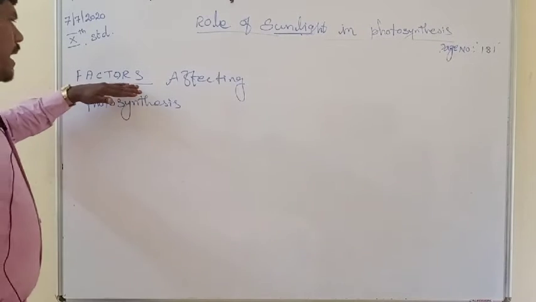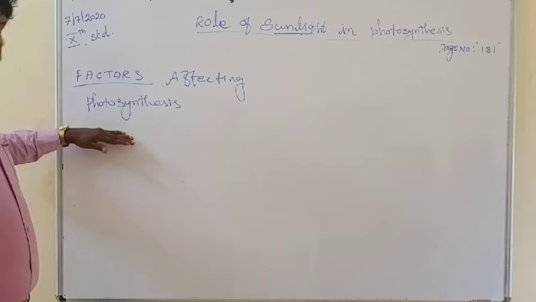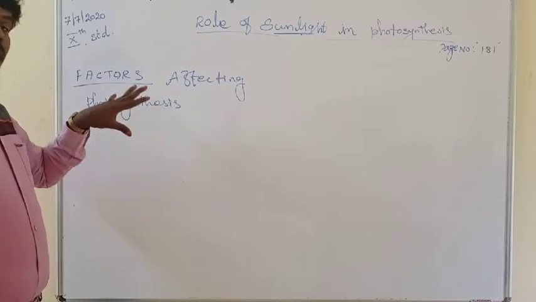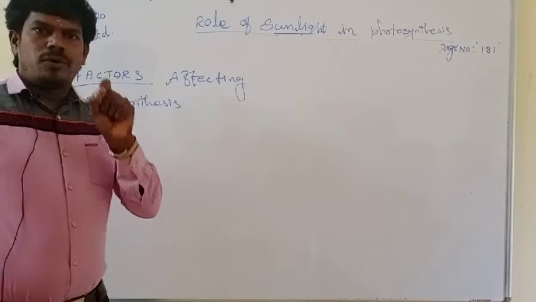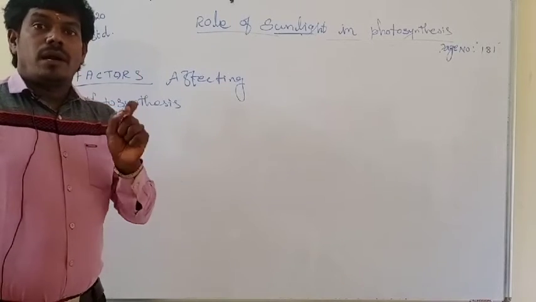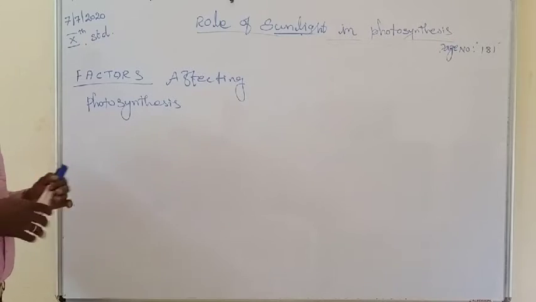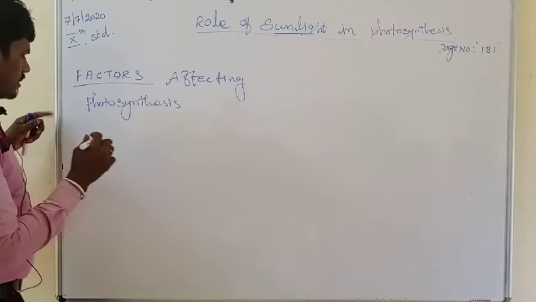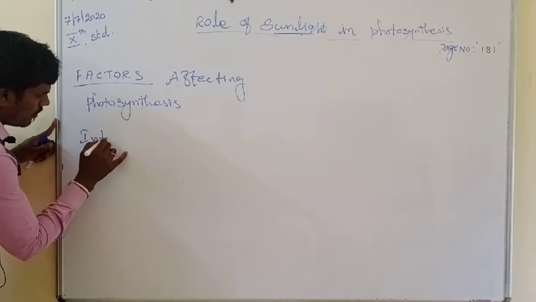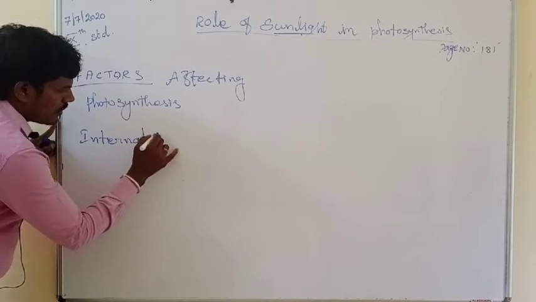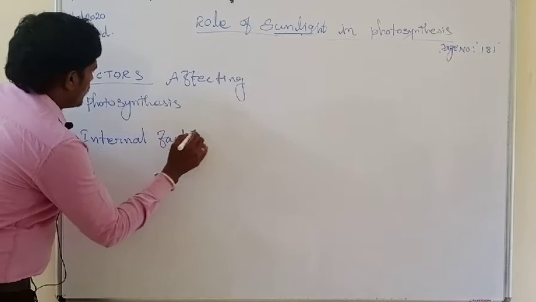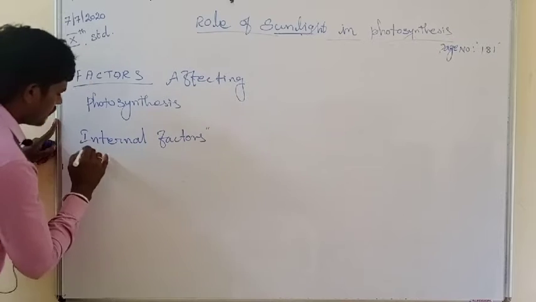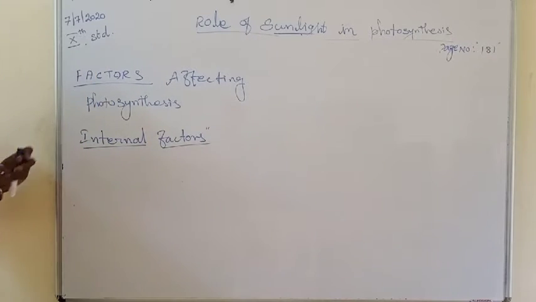And now the factors affecting photosynthesis. What are the factors that affect photosynthesis? That means what makes trouble during photosynthesis. They are classified into two kinds of factors: internal factors and external factors.